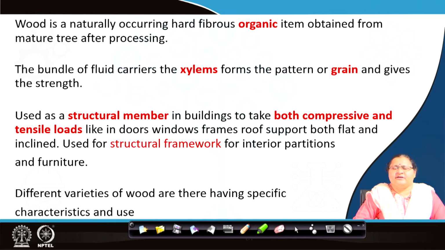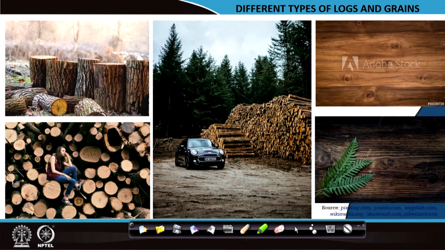Different varieties of wood have been seen because it is a naturally occurring material. They grow in different ways and have different characteristics, and hence their use differs. Let us see some pictures. You see some big logs here.